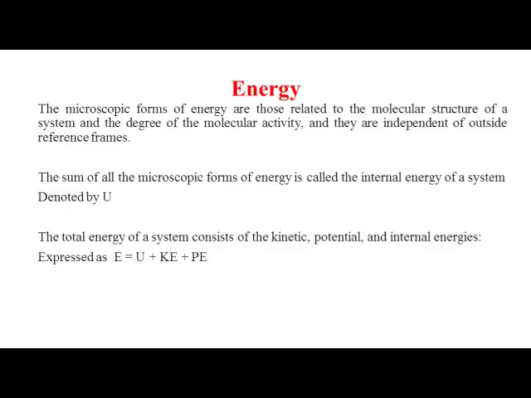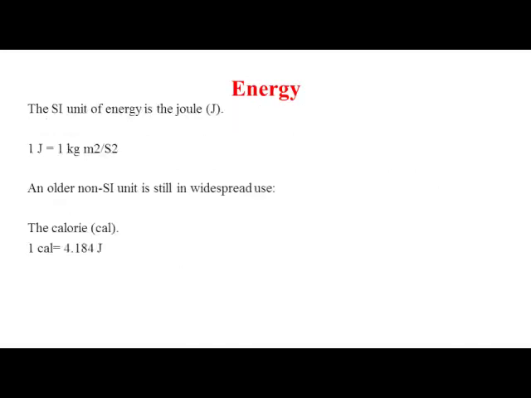The microscopic forms of energy are those related to the molecular structure of a system and the degree of molecular activity, and they are independent of outside reference frames. Usually, the sum of all the microscopic forms of energy is called internal energy of a system and is represented by U. So, the total energy of a system consists of kinetic, potential, and internal energies, and we can represent it as: the overall energy is equal to internal energy plus kinetic energy plus potential energy.